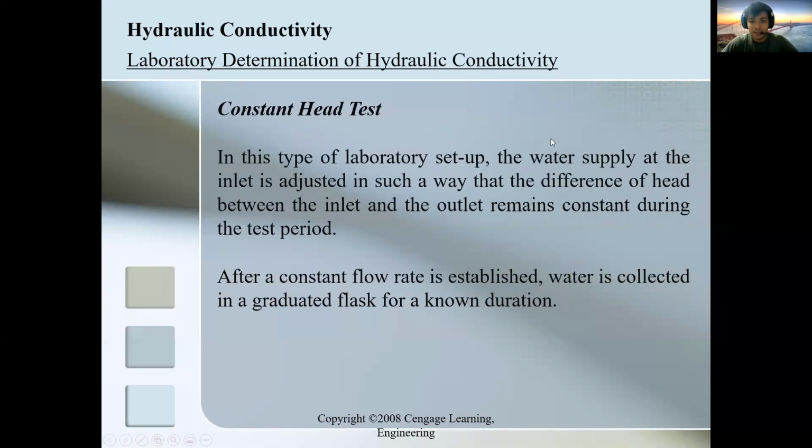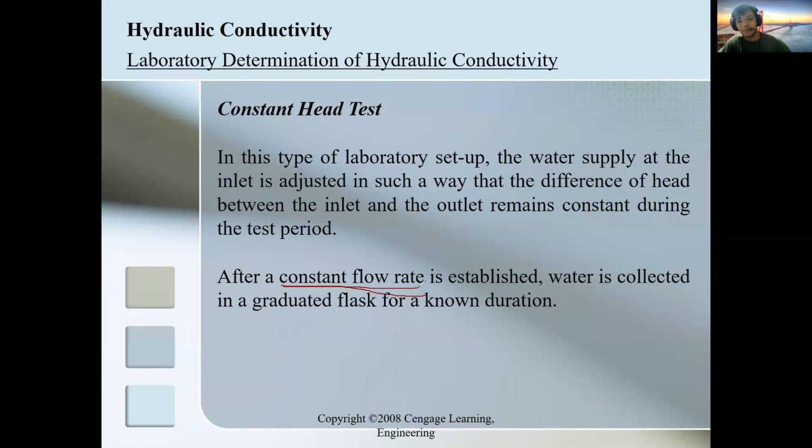So constant head is just simple. So you just let the water flow in the specimen and what you need to achieve is a constant flow rate in the outlet.